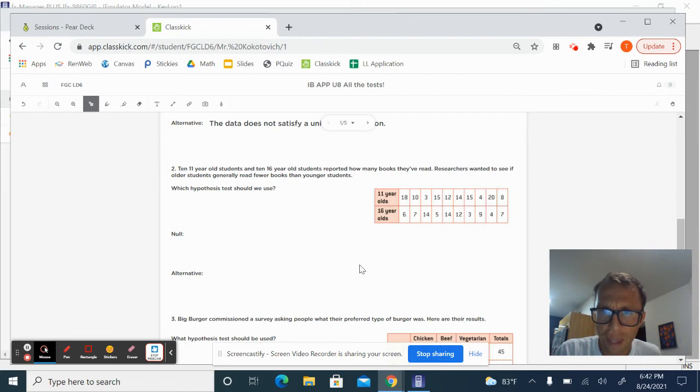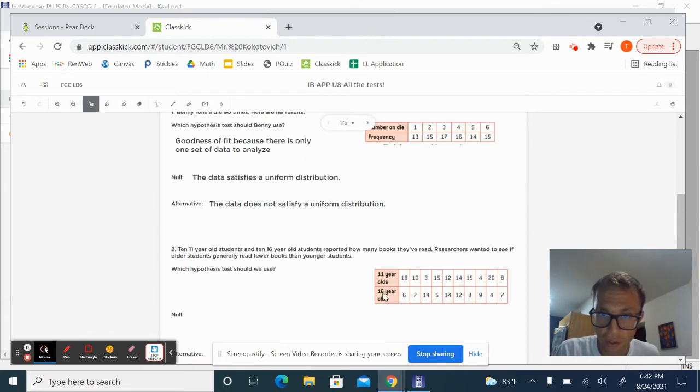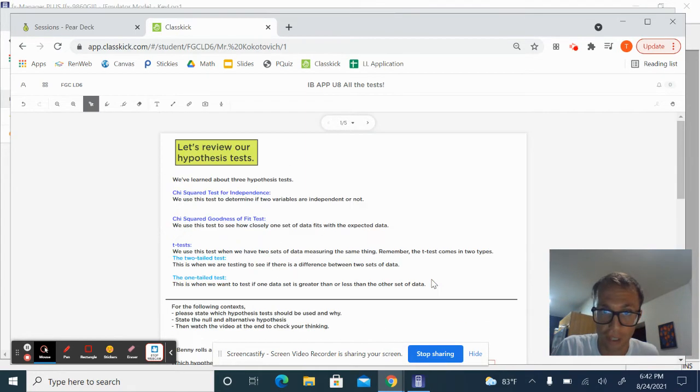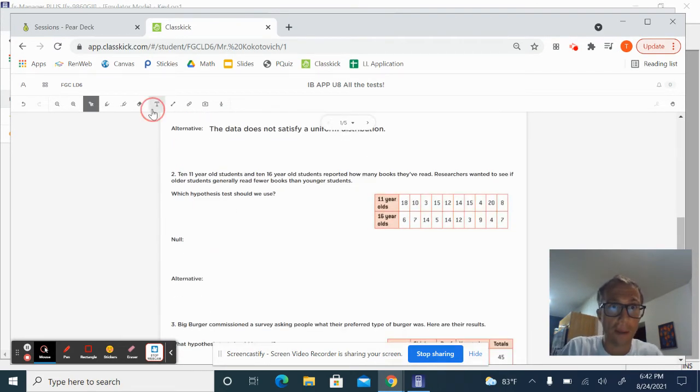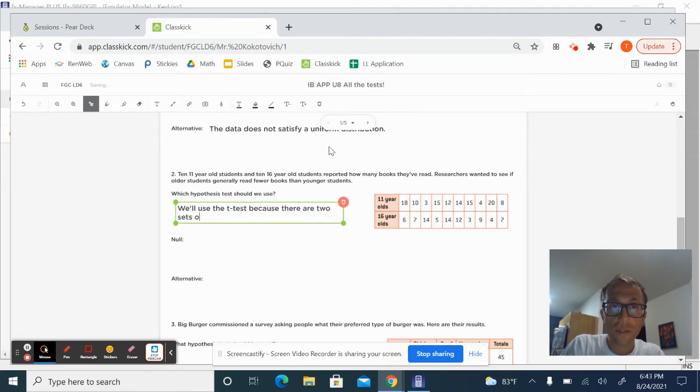And if that's true, two sets of data measuring the same thing, how many books are being read, then that would suggest the t-test right there. So we'll use the t-test because there are two sets of data measuring the same thing.